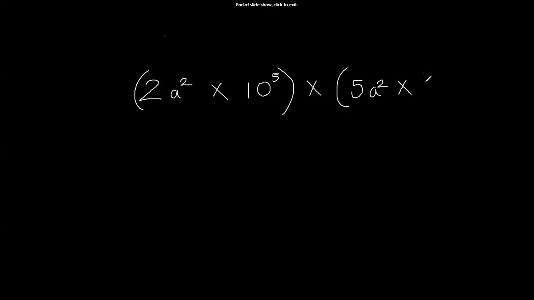So 2a squared multiplied by 10 to the power of 5, multiplied by 5a squared multiplied by 10 to the power of 6. If you are finished with the quizzes, you can do the incognito mode challenge question.